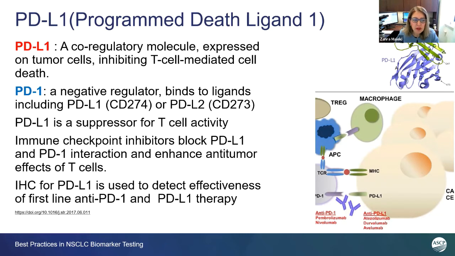It binds to ligands, and you can find it on T cells. Immune checkpoint inhibitors block the PD-L1 and PD-1 interaction, and therefore they enhance anti-tumor effects on T cells. The recommended method for PD-L1 evaluation is IHC.